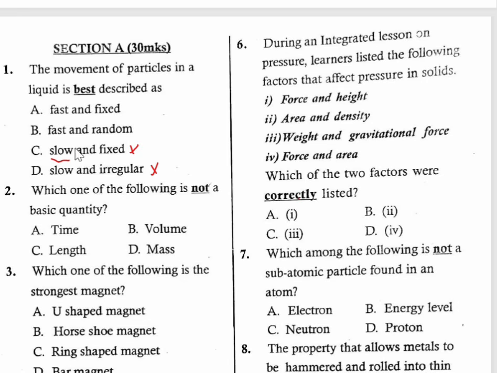So we remain with A and B. So the movement of particles in liquid, is it fast and fixed or fast and random? It is not fixed, and the reason is because the particles in liquids are free to move around, and therefore it is not fixed. Therefore the correct option is option B, which says the movement is fast and random.